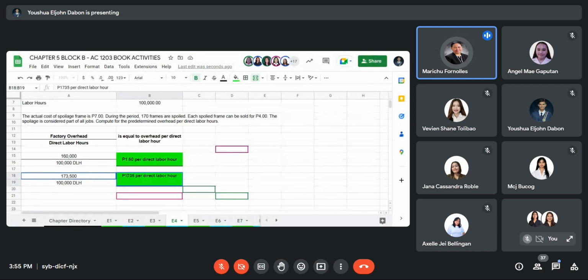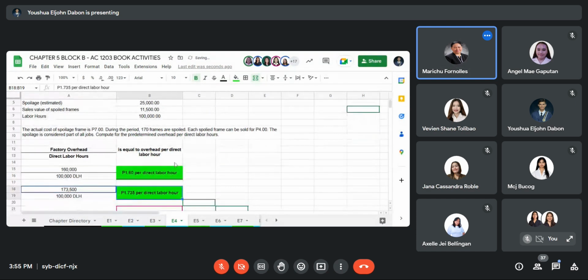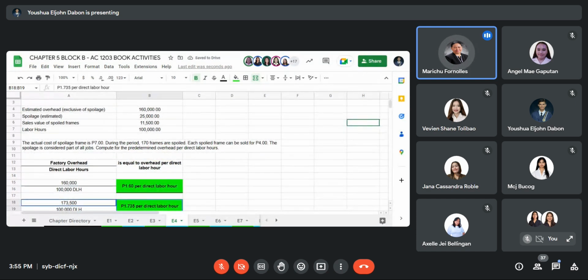Katong sa spoiled picture frame. Lahi dig amount pero the same concept, di ba? I think that's similar to exercise 3-6. No, lahi lang ang mga amounts involved. Try to check your exercise 3-6.